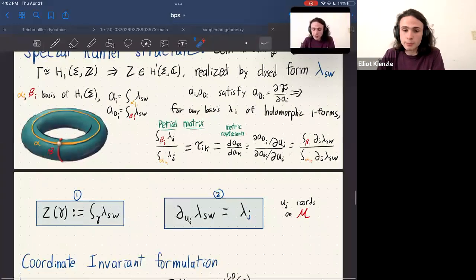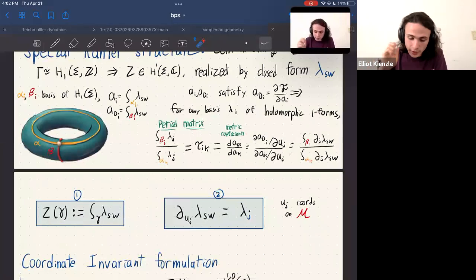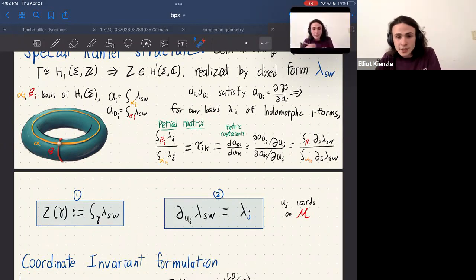So summing it up, we have two properties. First, the central charge acting on some element of the homology is just the period of the Seiberg-Witten form. What is the Seiberg-Witten form? It's defined by the relationship where its derivatives with respect to the directions on the base will give you all of the different holomorphic forms.